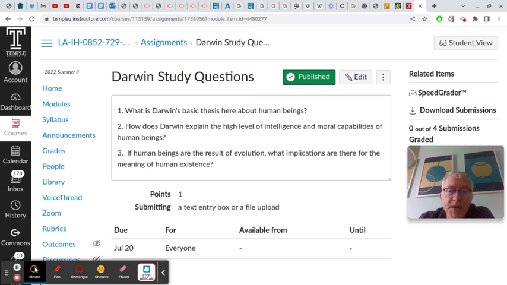There's no reason that we have moral capabilities. There's no reason that we have the capacity to think logically. There's no reason that we're here. It all seems to be just a result of chance and maybe a happy accident that we exist. But this goes to certain philosophical and theological questions about the ultimate meaning of human existence, which Darwin says we hesitate to say.